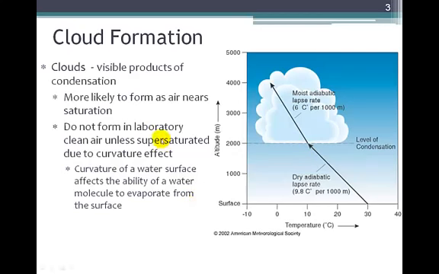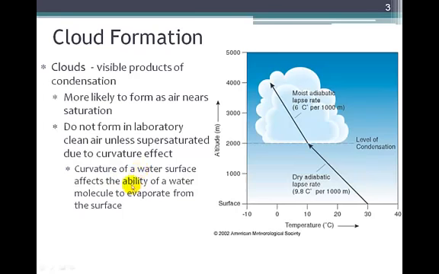If you do an experiment in the laboratory with saturated air and cool it to its dew point temperature, you don't necessarily get clouds developing, for a number of reasons. One of the reasons has to do with this thing called curvature of a water surface, which you can read more about in the textbook.